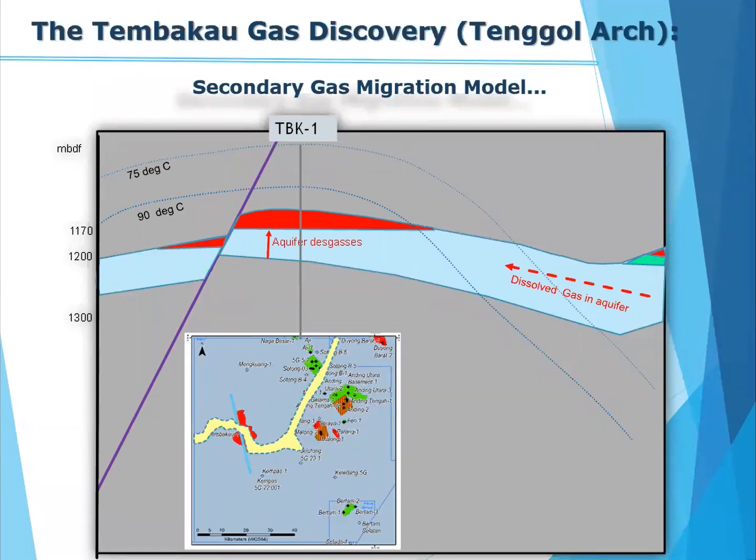And there are other things you can bring in, such as the aquifer degassing because the temperature gradient up there is particularly high, which may also have an impact. So, next slide, please.